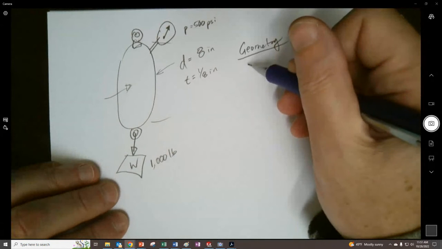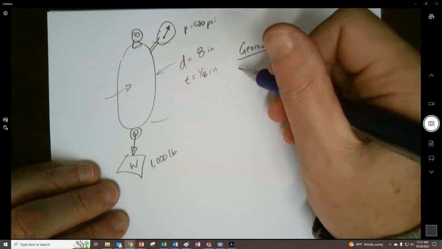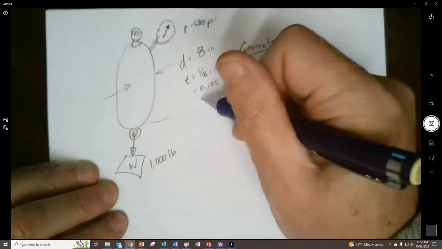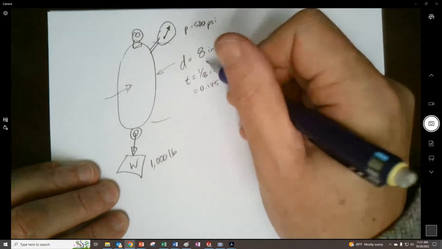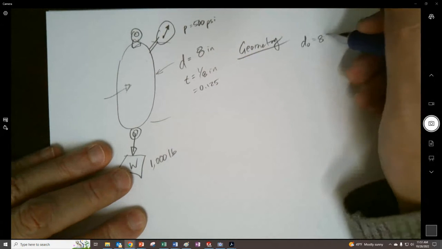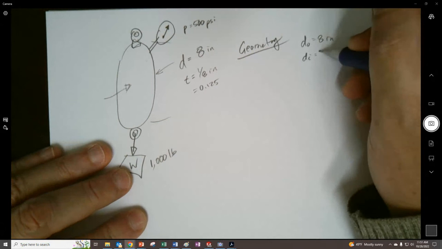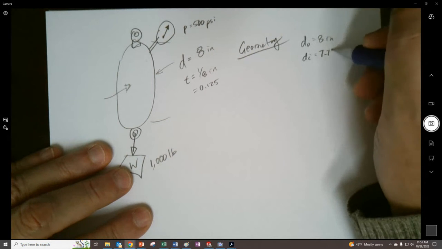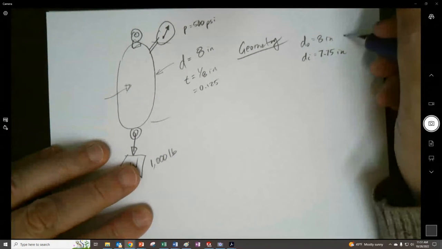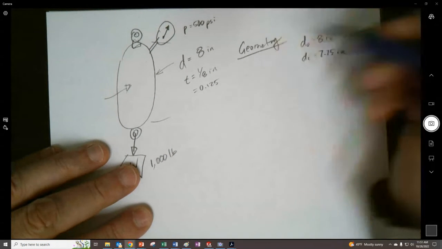All right. So in terms of the geometry, we would first want to check and see if this is thin walled or not, right? So we know the thickness is 0.125, and the outside diameter is 8 inches, so the inside diameter is going to be 7.75 inches, right? So the outside radius is 4 inches, and that's good enough.